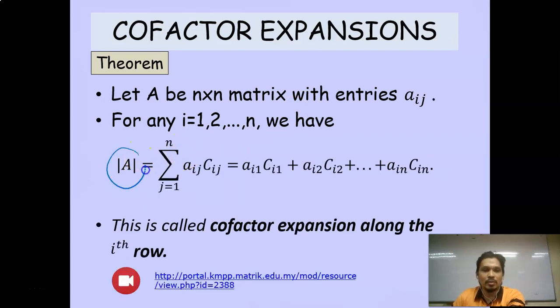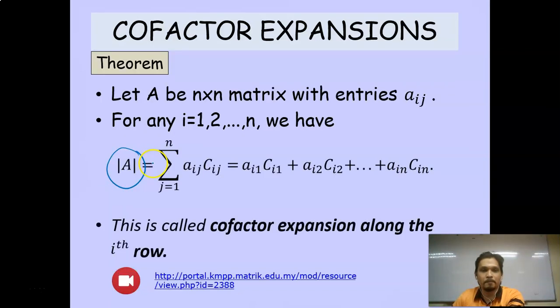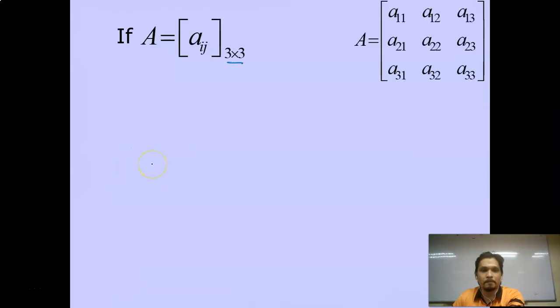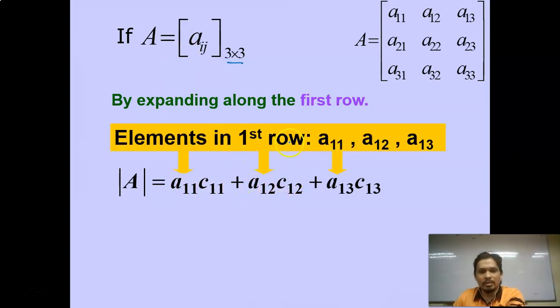Class, we need to find the determinant of this. Expanding along the first row, A11, C11 plus the elements in the first row, A11, A12, A13 multiplied with the cofactors C11, C12, and C13.